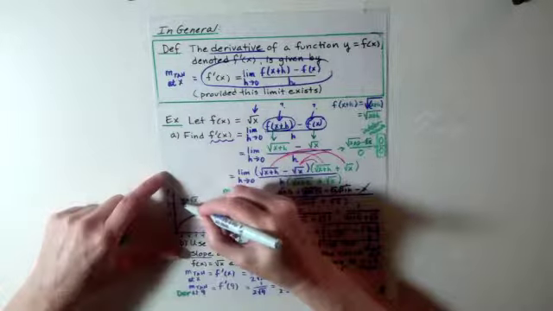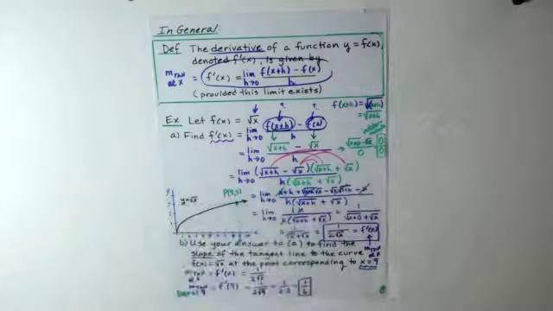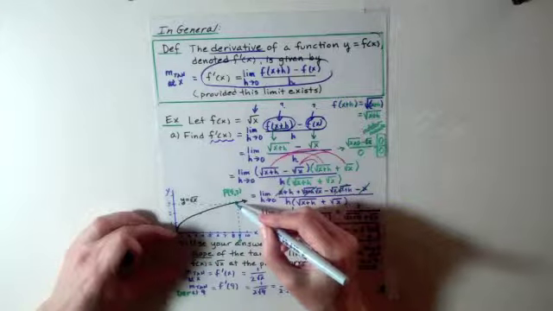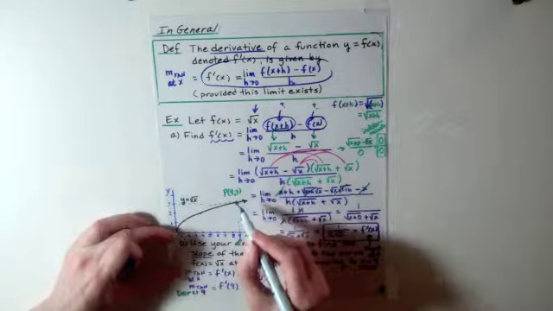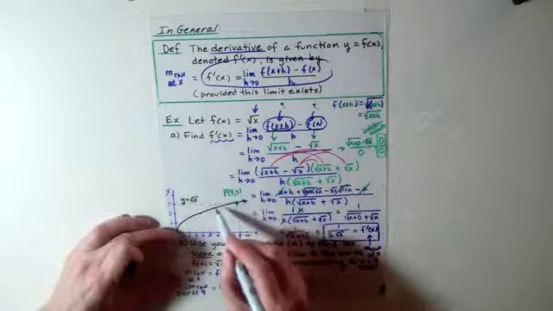And you can see also on the graph that the output value of this input of 9 is equal to 3. And we are talking about the tangent line to this black curve at this point, 9, 3, at the point P. And it looks to me as if the tangent line would have a positive slope.